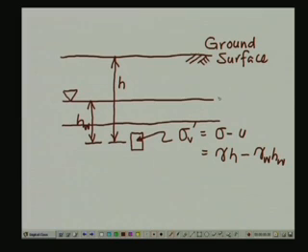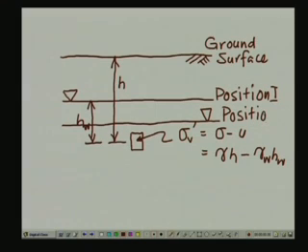So, this is position 1 of the water table, the original position of the water table, and what we do in the process of tapping the groundwater to an excessive extent is to lower the water table to position 2.